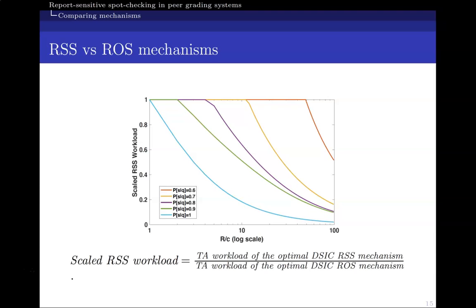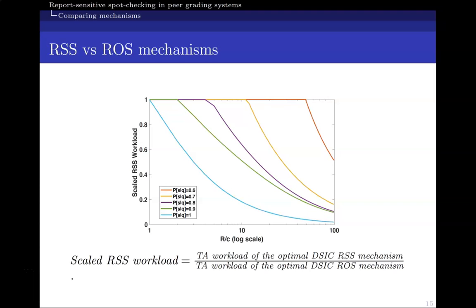Okay, in this plot on the x-axis, you see the ratio of reward over cost on a log scale. On the y-axis, you see the scaled RSS workload. This scaled RSS workload is basically the TA workload of the optimal DSIC RSS mechanism as a fraction of the TA workload of the optimal DSIC ROS mechanism.